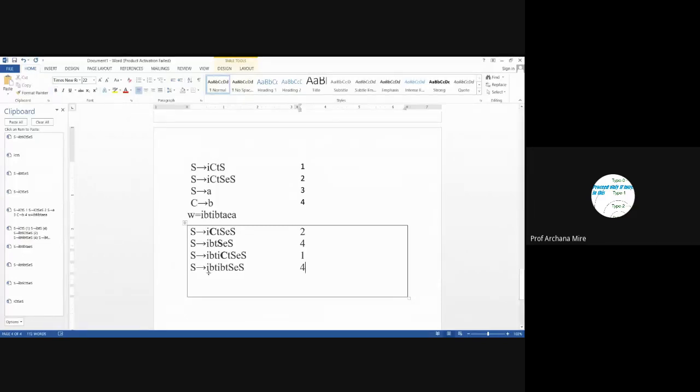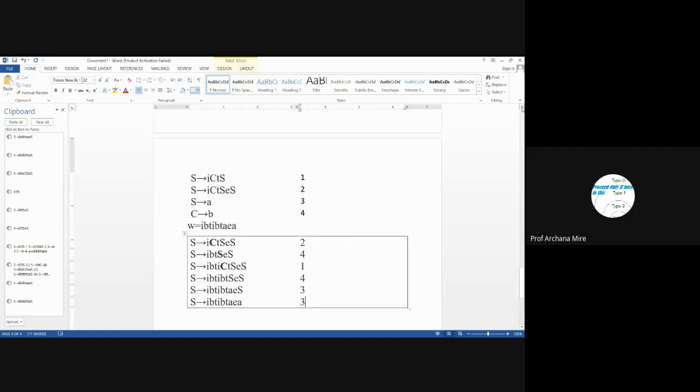Once again, applying the leftmost derivation approach, this S will be replaced with A by using production rule number 3, and once again this S will be replaced with A by using production rule number 3. So now here we are getting two leftmost derivations for the same string IBTI BTA.